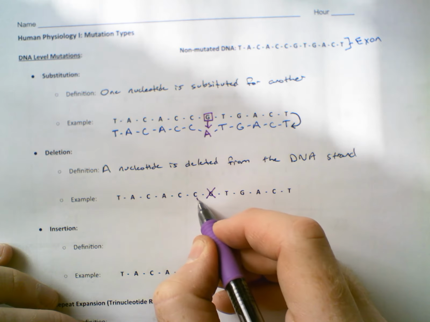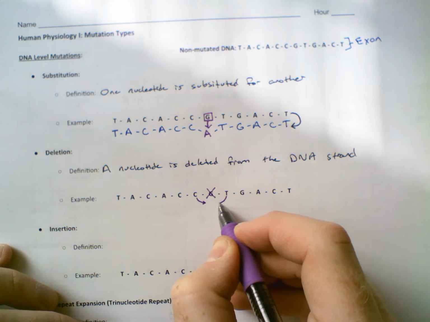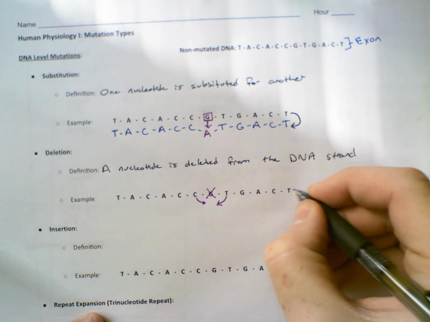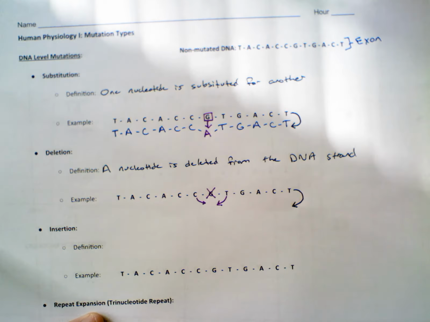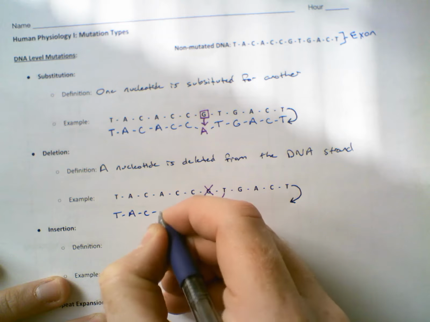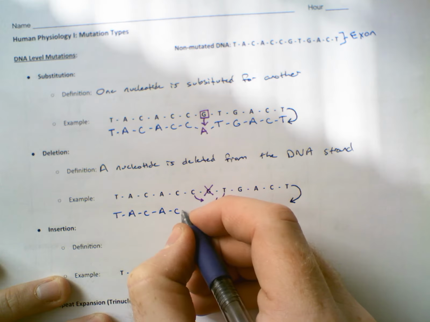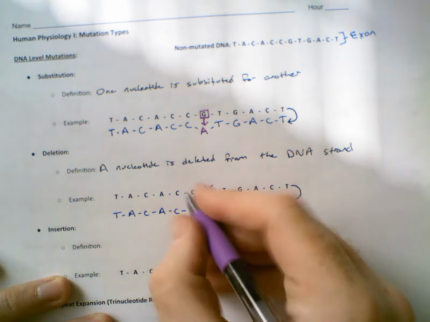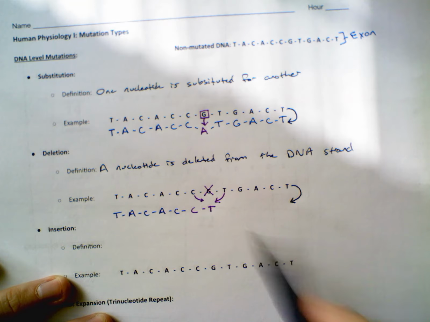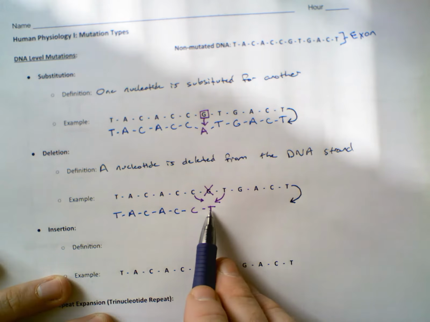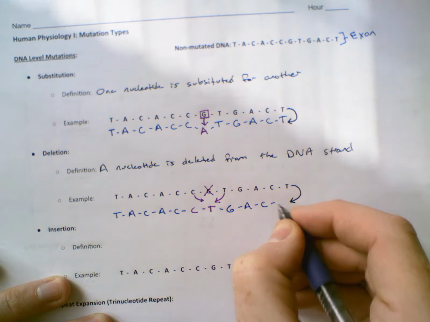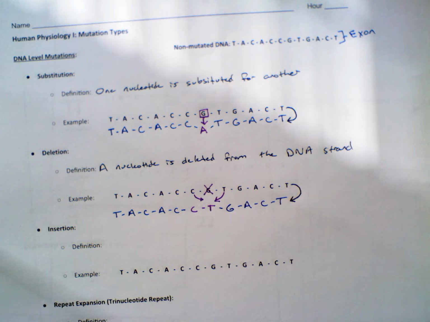So that's going to pull in from both sides. That's cytosine and thymine that's on either side. Okay. And that will cause this. So there's where the mutation occurred. The guanine got kicked out. This cytosine and thymine are now together. And everything else is the same.